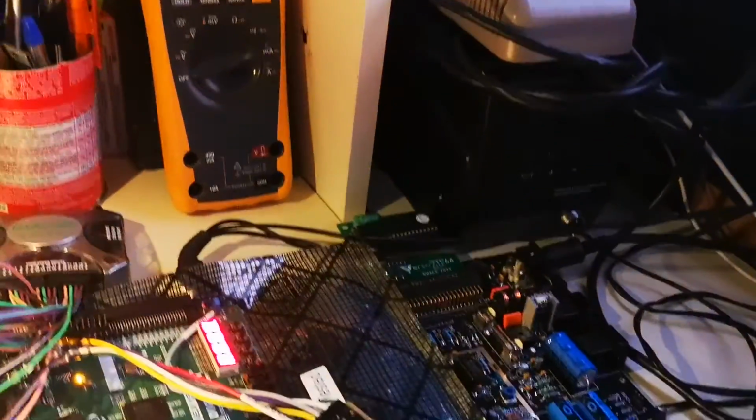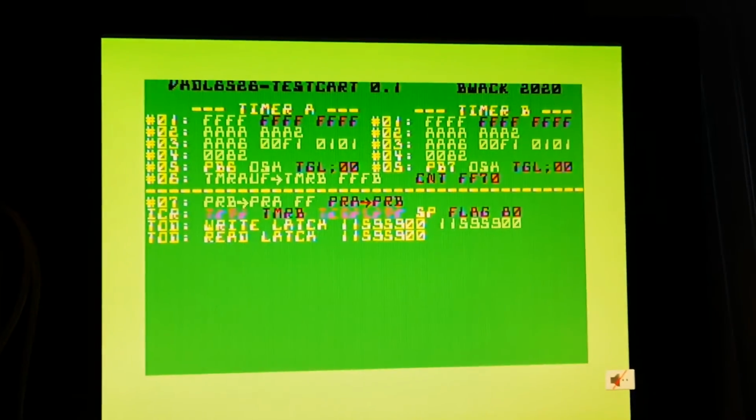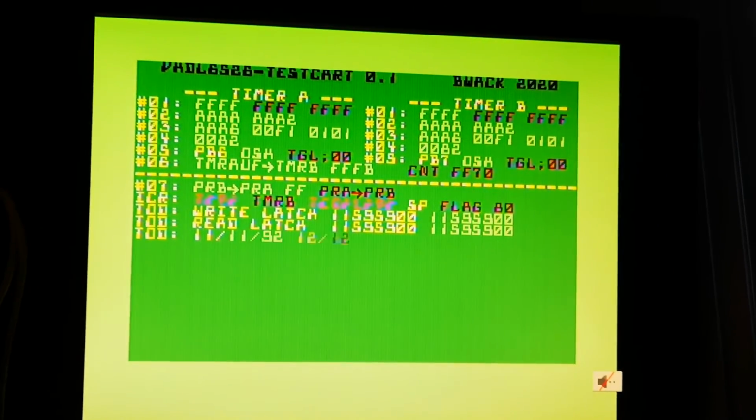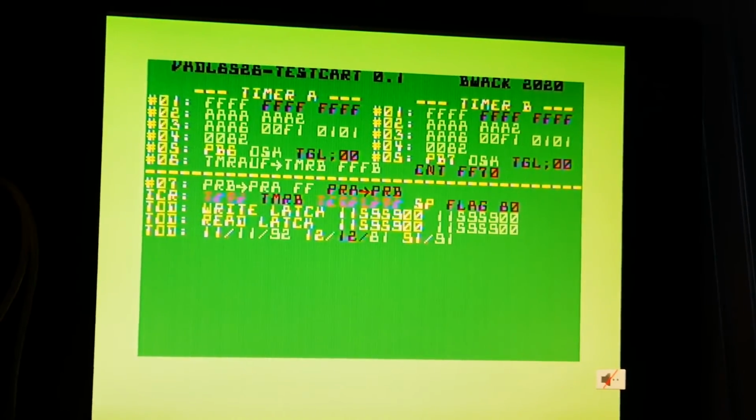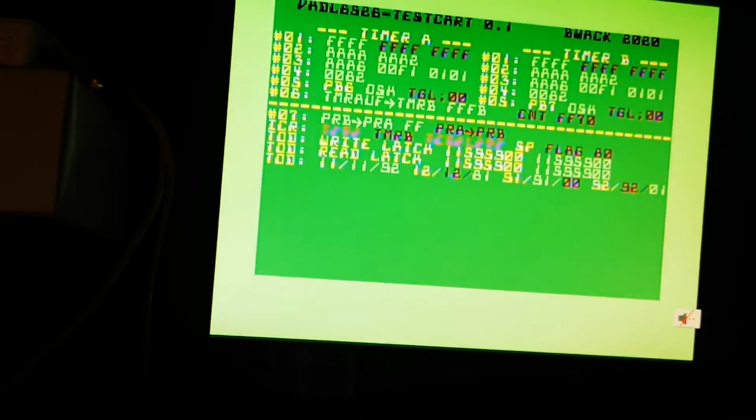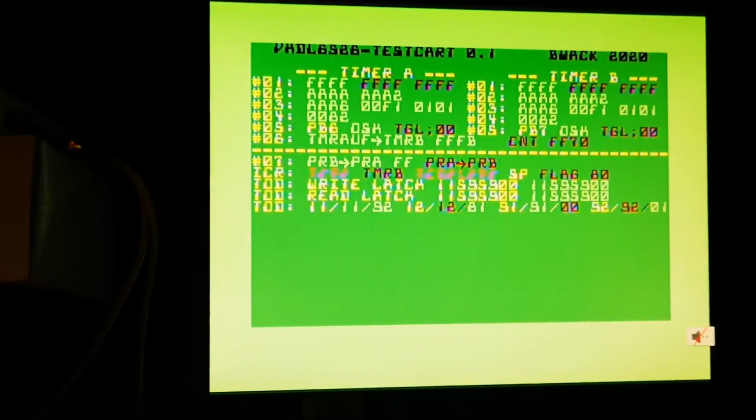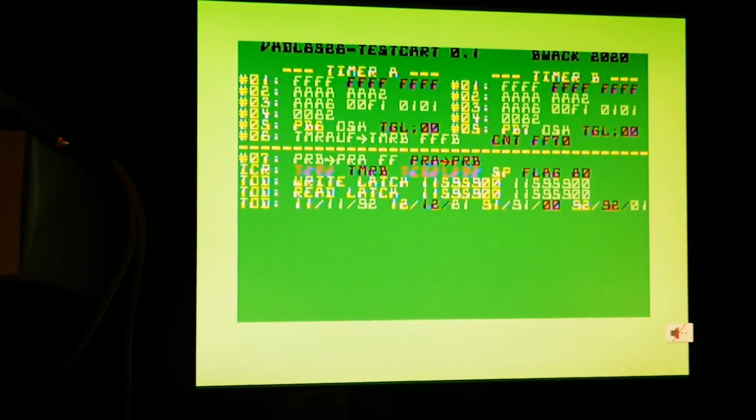Okay, let's try it. What we're looking for here is that the first number you see does not roll over. So basically these two, and they didn't. I read the hour, then I let it roll over, and then I read the rest.